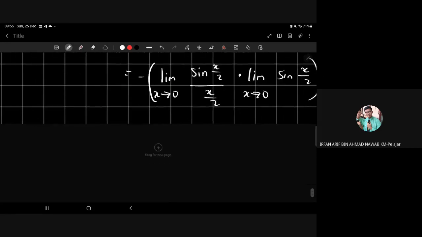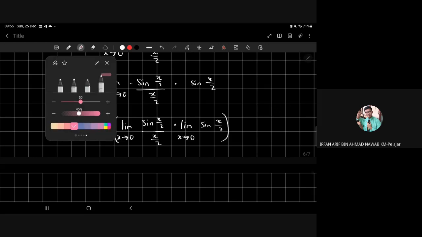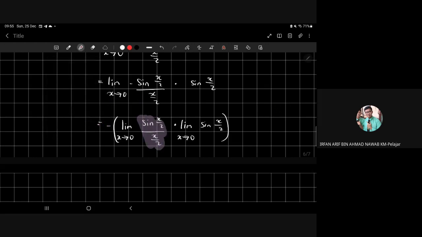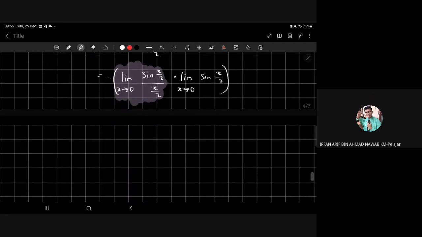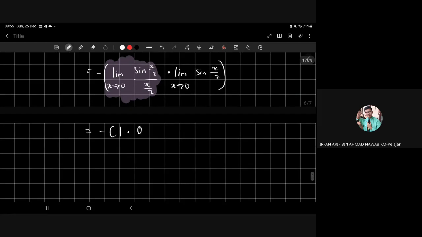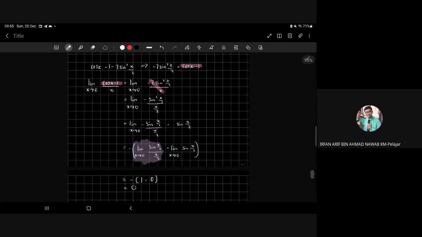Using the limit law for products, the first limit comes from this particular limit and equals 1, so we get negative 1 times sine of 0, which is 0. Therefore, this is 0. So that is the proof.